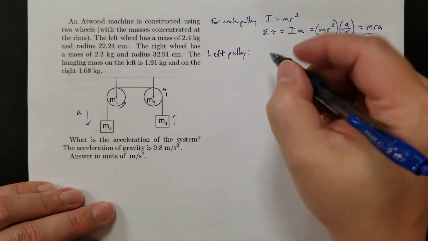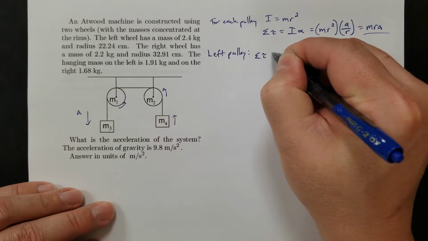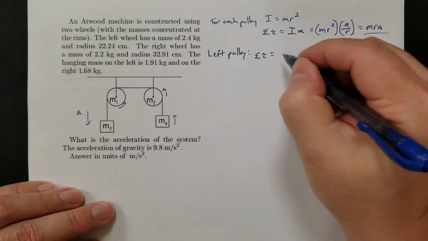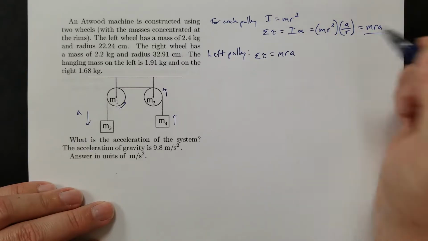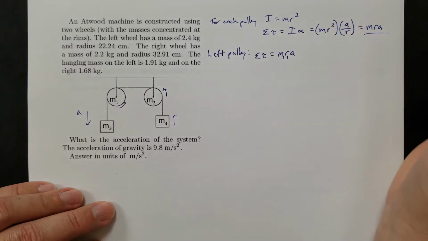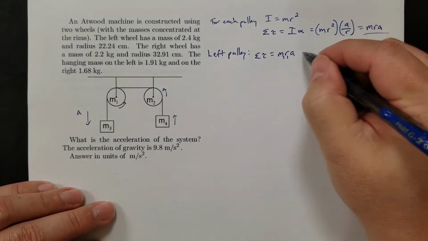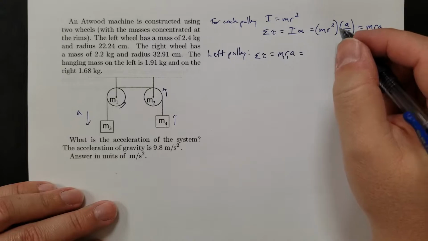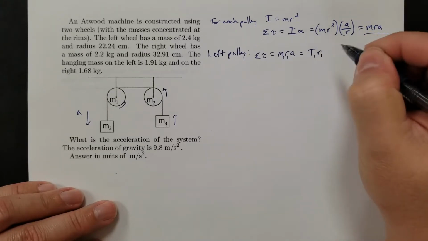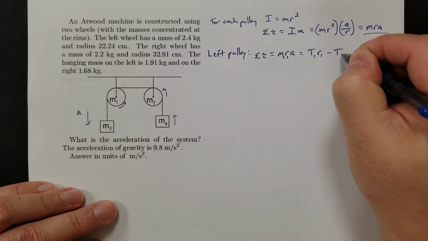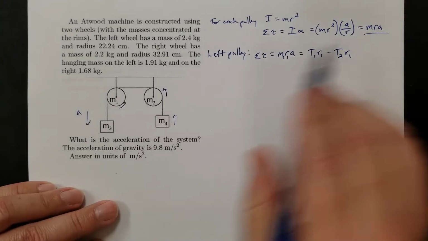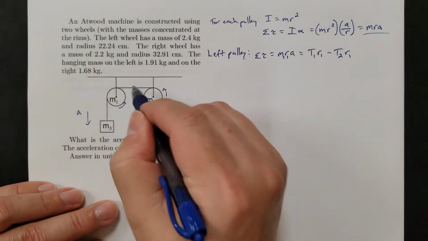So let's do an equation for my left pulley. Net torque equals M R A, right? That's the point of doing this. I'll call it M1, because it's M1 times R1 times A. And that's going to equal the tension in rope 1 times R1 minus the tension 2 times R1. This rope is pulling down that way, and this rope is pulling back on it.